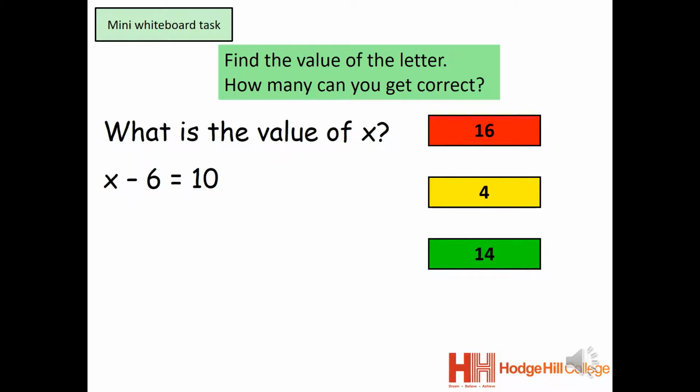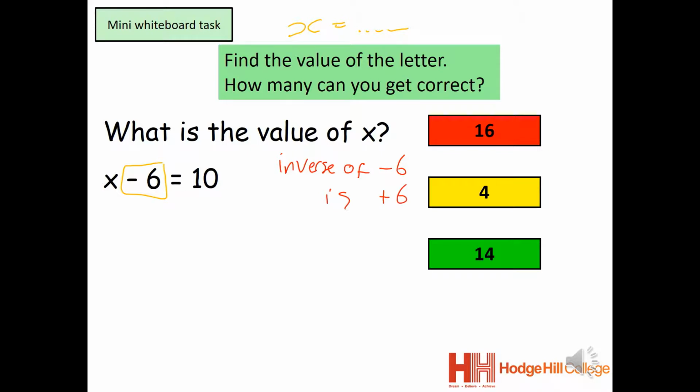Okay, welcome back. First things first, we want to get it looking like, if you have a look at the top, x equals something. So to get it looking like x equals something, I need to get rid of this negative 6, subtract 6. What's the inverse of subtract 6? The inverse of subtract 6 is add 6.